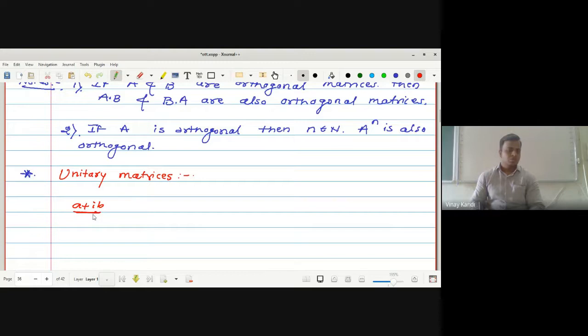What is the complex conjugate of a plus ib? Complex conjugate means what? We denote the complex conjugate by x bar. What is the x bar, the complex conjugate of this one, if x is equal to a plus ib?